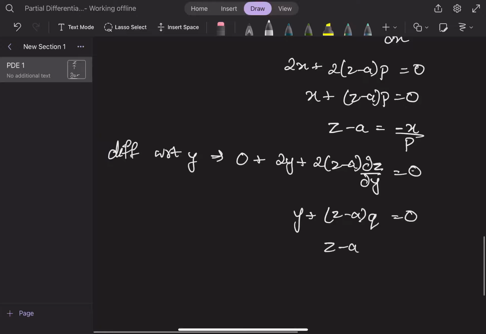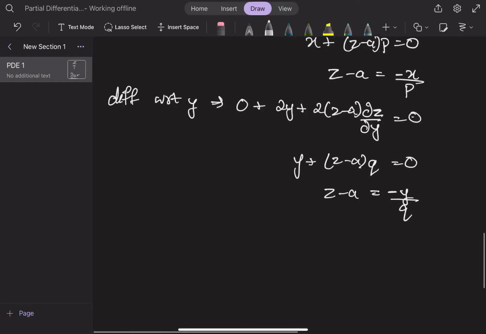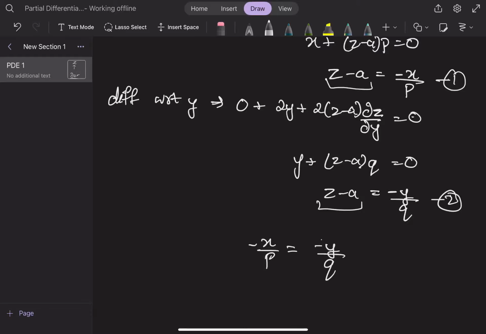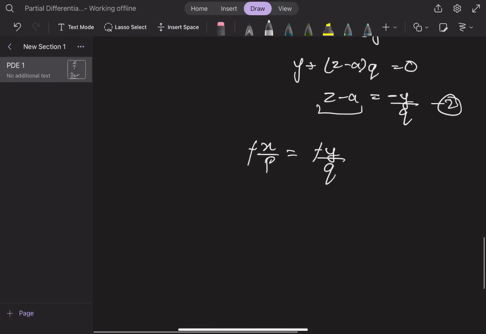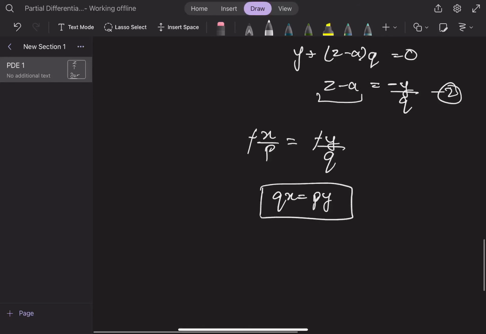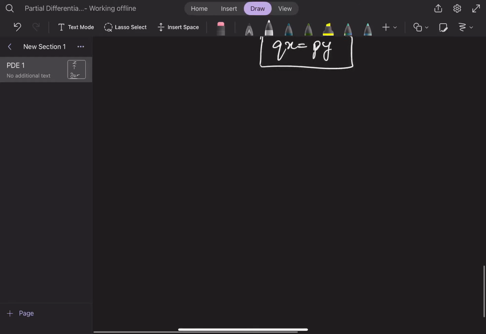So z minus a becomes minus y by q. So now as you can see, these two equations are equal. They are both equal to z minus a. Hence minus x by p is equal to minus y by q. Minus and minus get cancelled. So your answer is qx is equal to py. This is your answer.